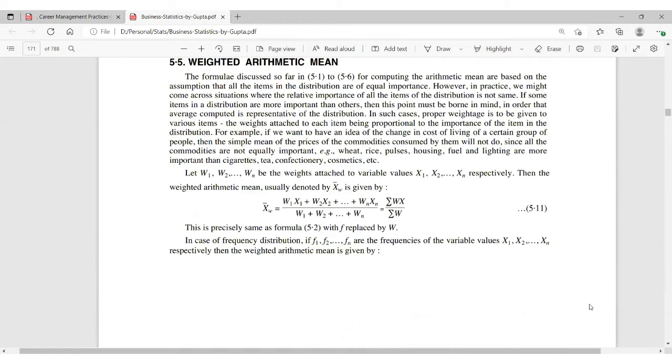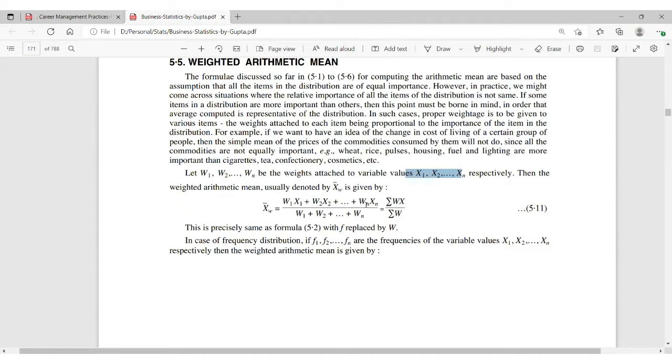Now weighted arithmetic mean. Weighted is similar to frequency. In these, weights are given, right? For example, let weights be given W1, W2, Wn like a frequency, and the corresponding variables x1, x2, xn. Then the weighted mean is x bar. W stands for the weight.